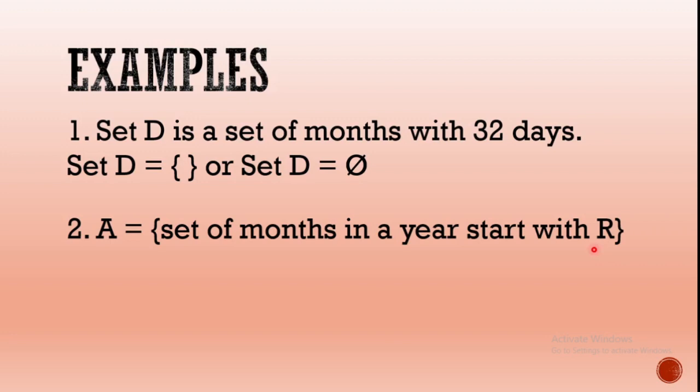So, we have January, February, March, April, May, June, July, August, September, October, November, and December. So, wala tayong letter R na nagsisimula sa months natin. So, ibig sabihin, itong set na to ay empty or null set.